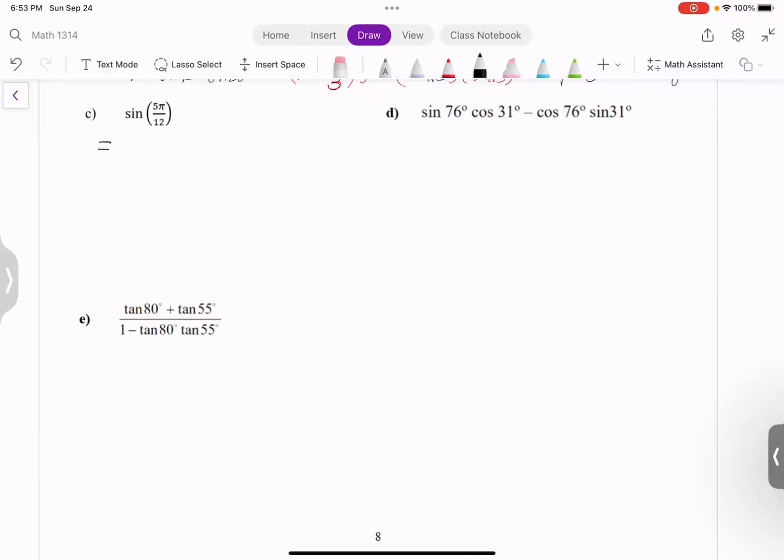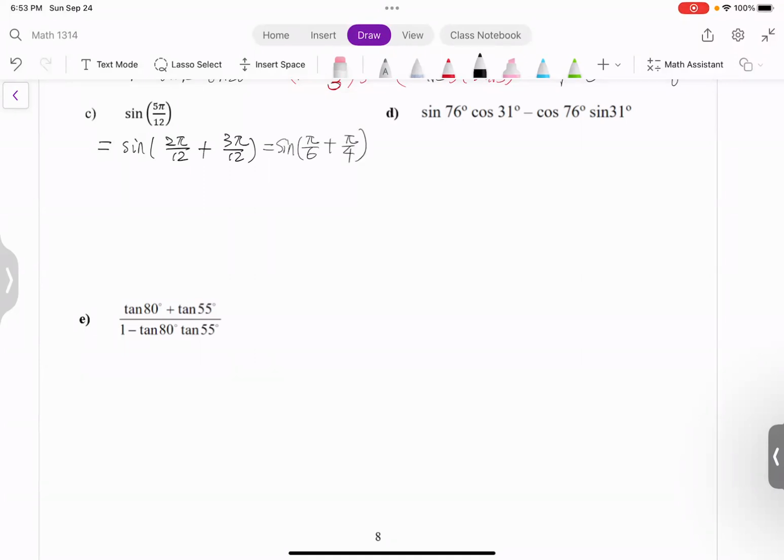So sine 5 pi over 12 is sine of 2 pi over 12 plus 3 pi over 12. Let's use the formula to find the sine of a sum. Let's do the simplification first. This is sine of pi over 6 plus pi over 4.